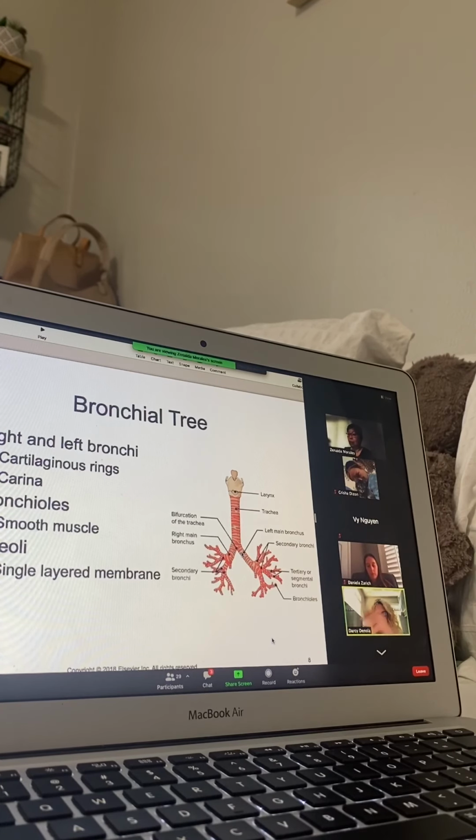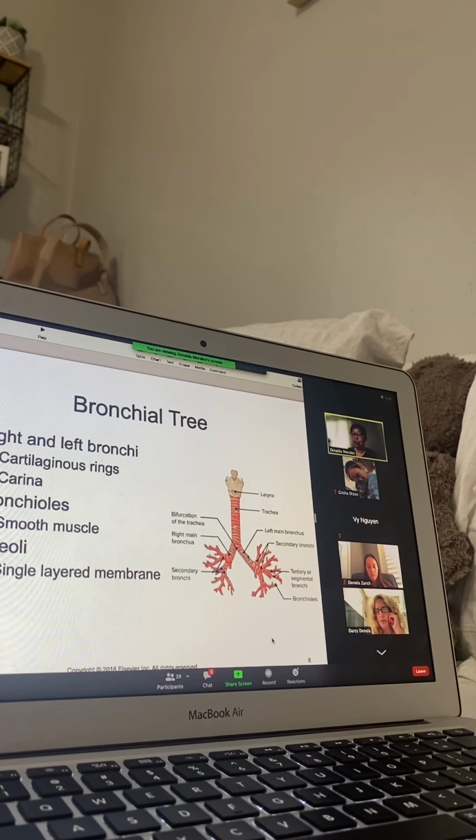Wait a minute. You're saying the left one as we're looking at it, or the left one if we turn around? This is your right bronchus, and that's the one that's longer.